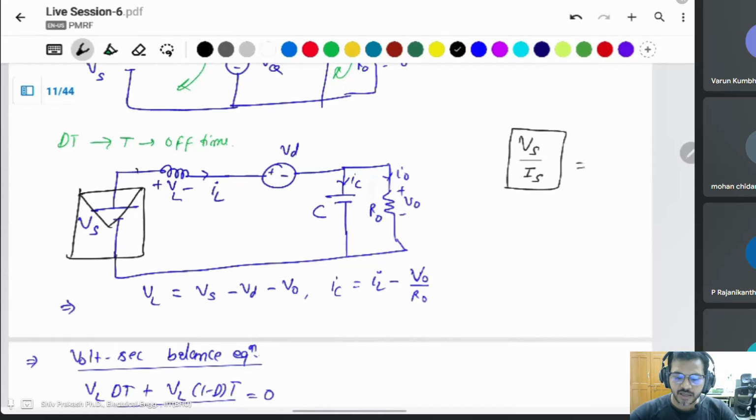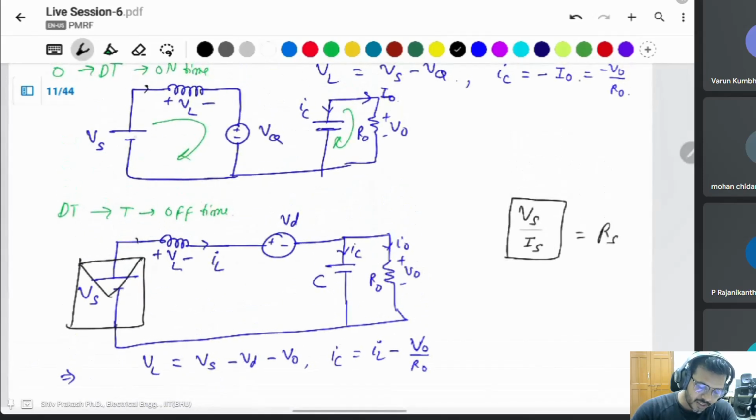This is the resistance Rs, same thing. The same converter is connected through the solar panel. If you want to calculate the solar output resistance, this will be Vs divided by Is.